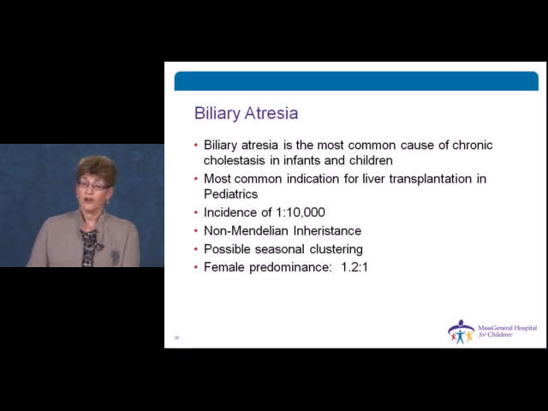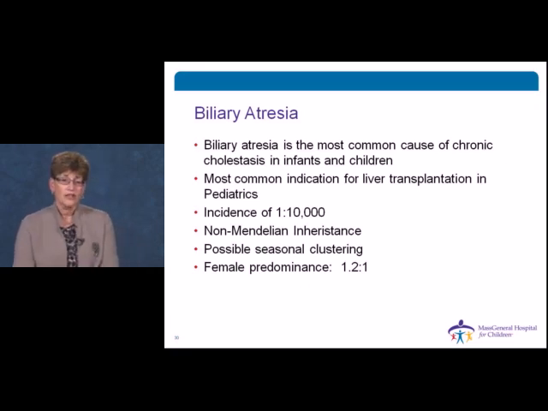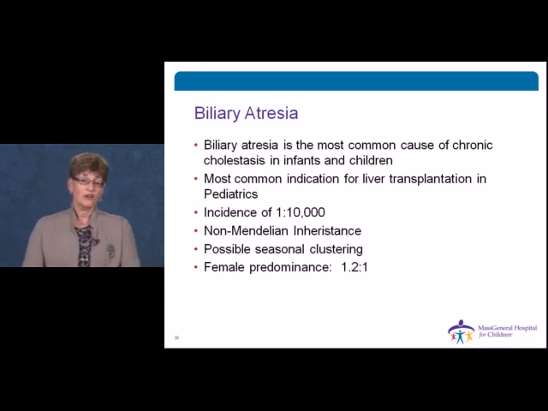It's the most common cause of chronic cholestasis, as we saw before, 25% of cholestasis, and the most common indication for liver transplantation in pediatrics. The incidence is somewhere between 1 in 8,000 to 1 in 15,000. It's non-Mendelian inheritance, possible seasonal clustering, though not clear, and a slight female predominance of 1.2 to 1.